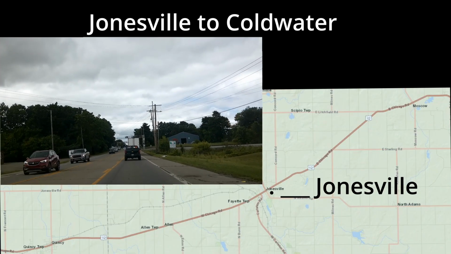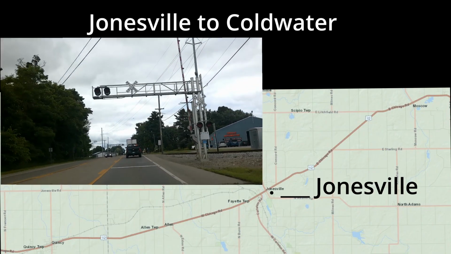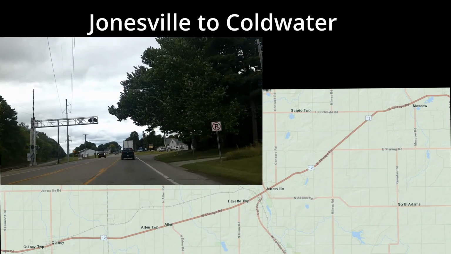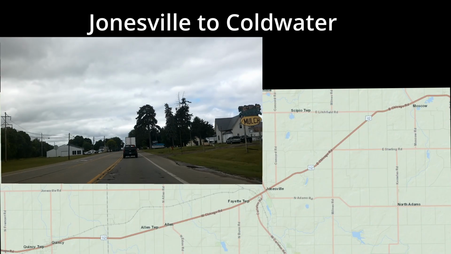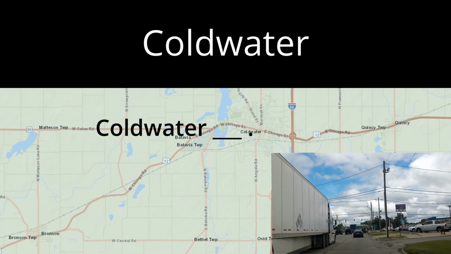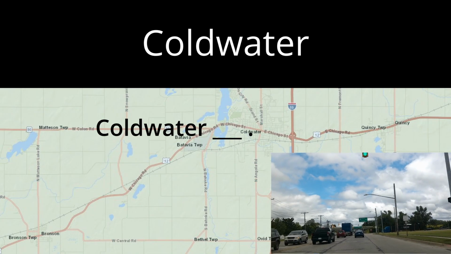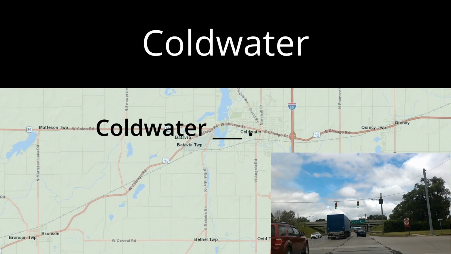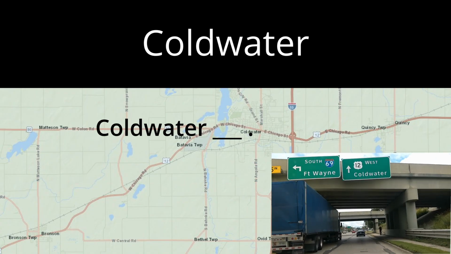Now, the angled railroad crossing will tell you you're on the right track on the way. If you're heading for Fort Wayne or Indianapolis, here's your chance.